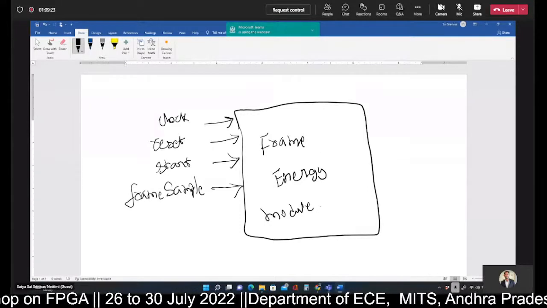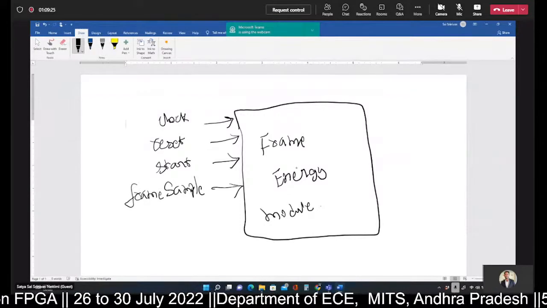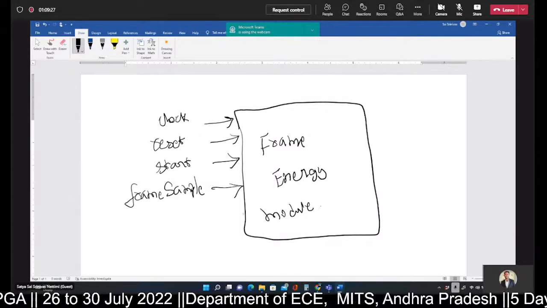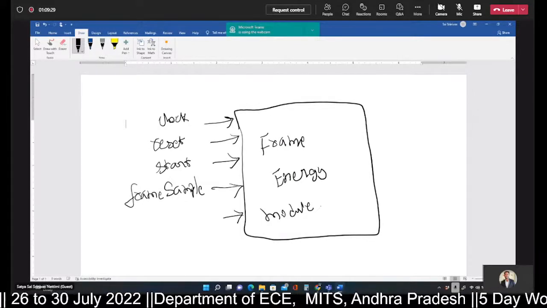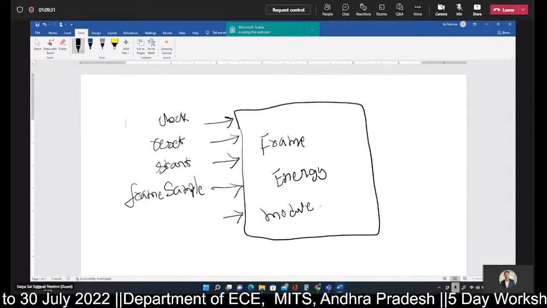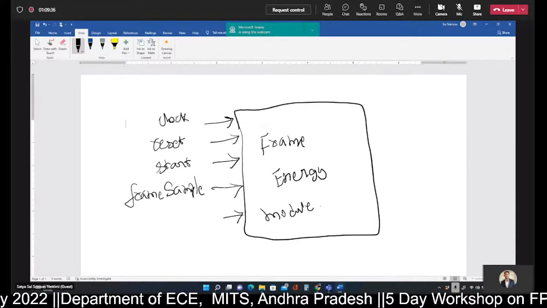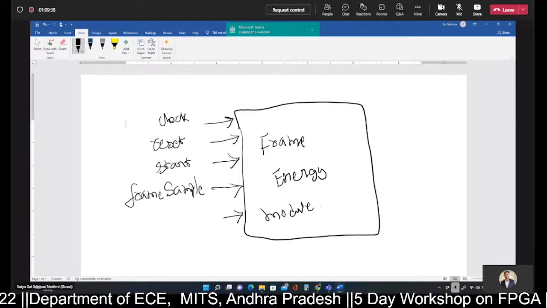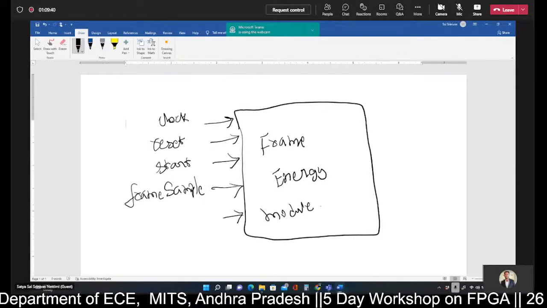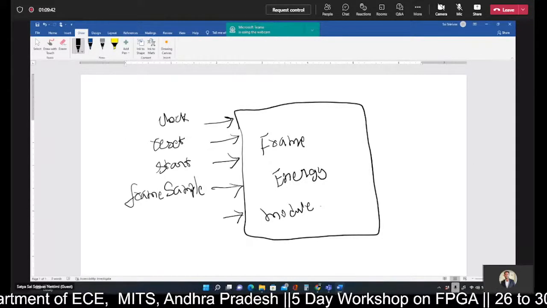But how will our frame energy module know whether a valid sample has arrived or not? It should not read the data bus continuously all the time. It should read only when an appropriate sample arrives on this input. How will this module know a valid and appropriate sample has arrived?